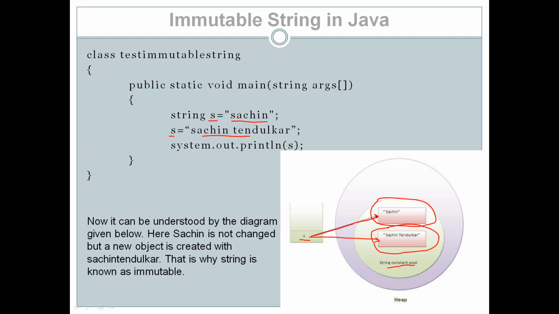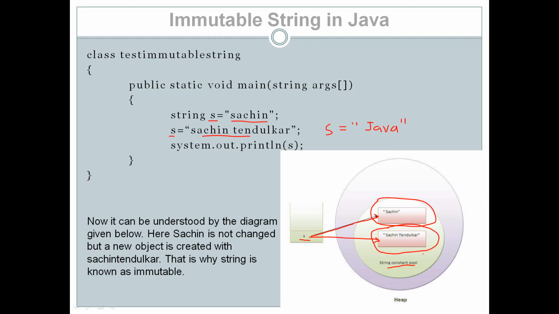Now again, if in the program I reassign s to some other value, say if I say s is equal to Java, again one more object is created in the string constant pool.